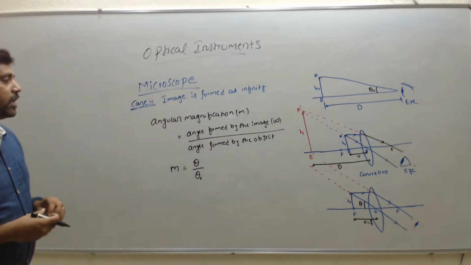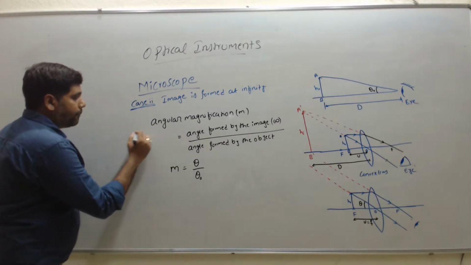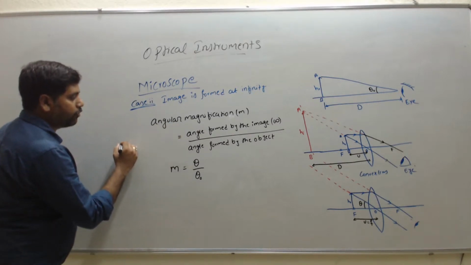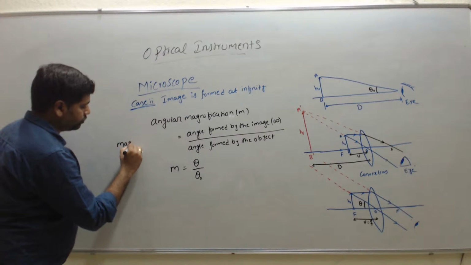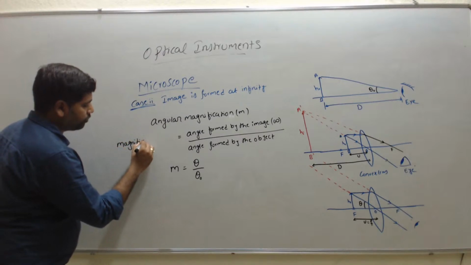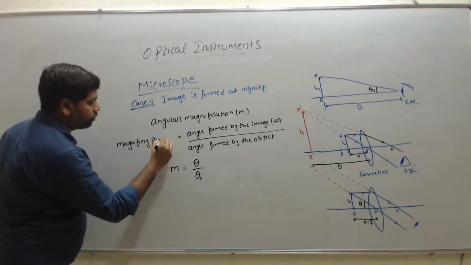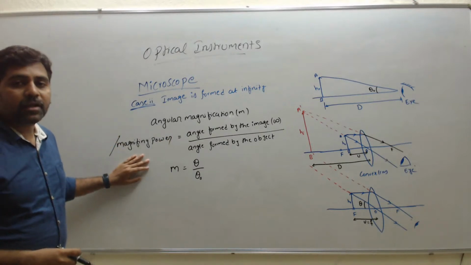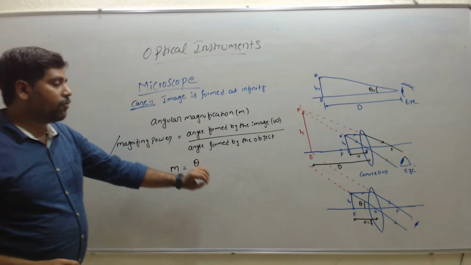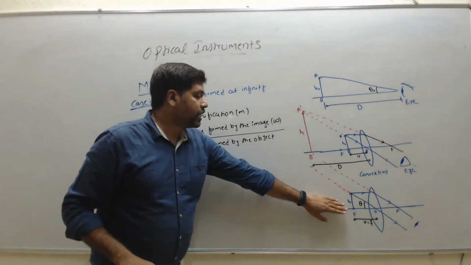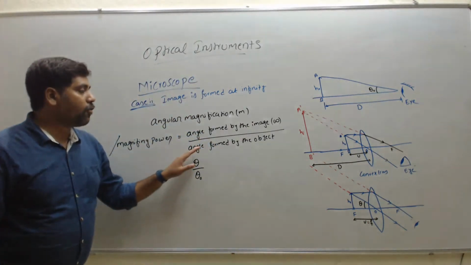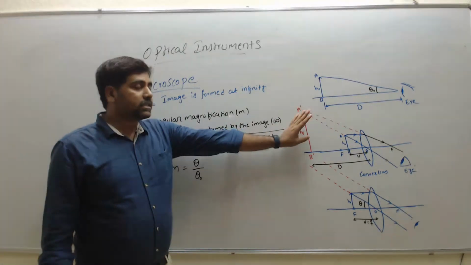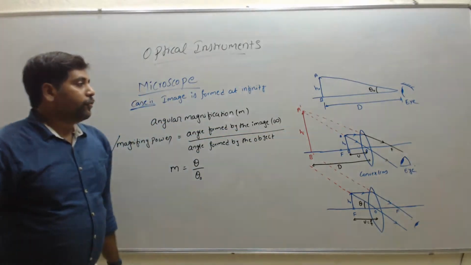This angular magnification is also called magnifying power. It is the ratio of the angle formed by the image at infinity to the angle formed by the object at the least distance of distinct vision.